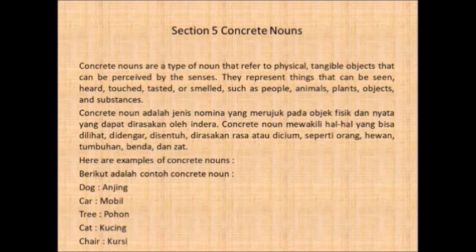Section 5. Concrete nouns. Concrete nouns are a type of noun that refer to physical, tangible objects that can be perceived by the senses. They represent things that can be seen, heard, touched, tasted, or smelled, such as people, animals, plants, objects, and substances.